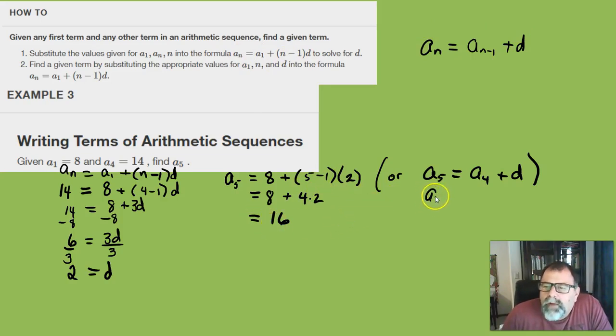So A sub 5, A sub 4 was 14 and d was 2, and you get 16. So you could do it either way. I probably would have done it this way because it was next to it, but let's say I wanted to find A sub 12, then I would use the general formula.